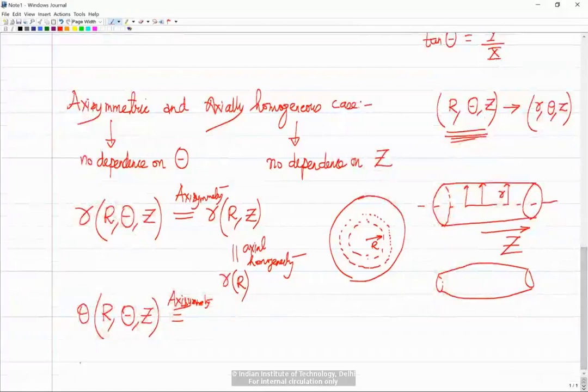Now think of small z. That is also in general a function of big R, big theta, as well as big Z. So for the case of axisymmetric and axially homogeneous deformation, what should it depend on?